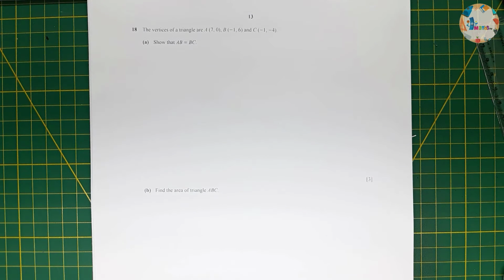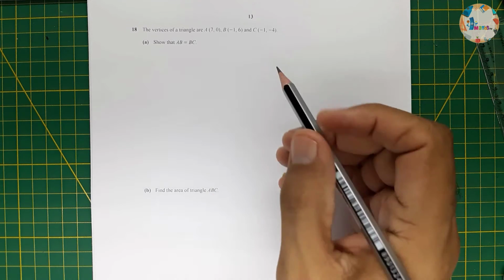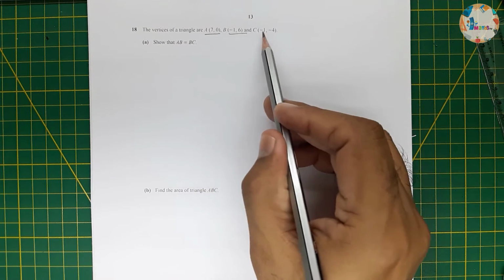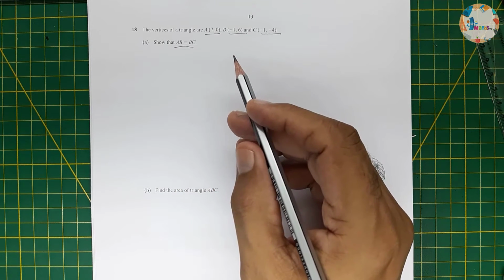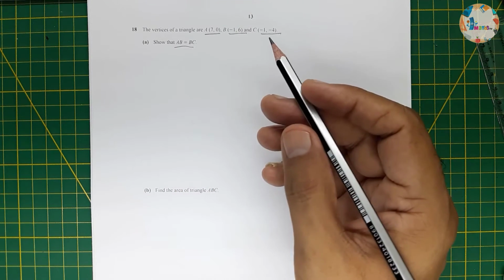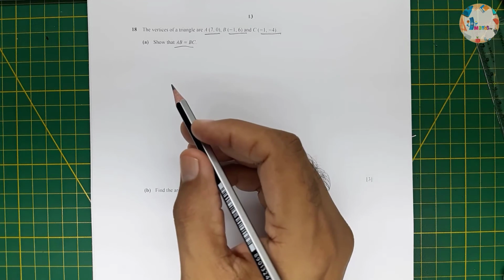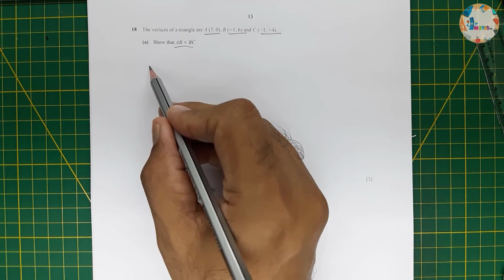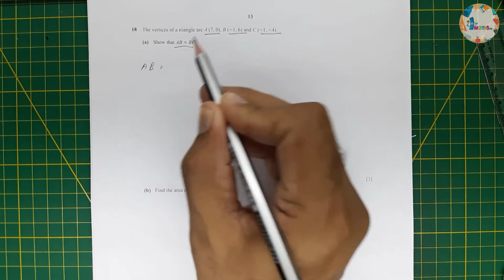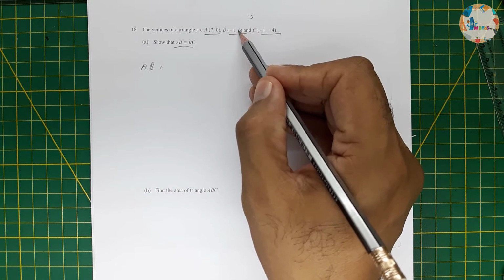Question number 18, the vertices of a triangle are this one, and this one. Show that AB is equal to BC. This is what we have to show. So AB, we can take this one as this minus this.